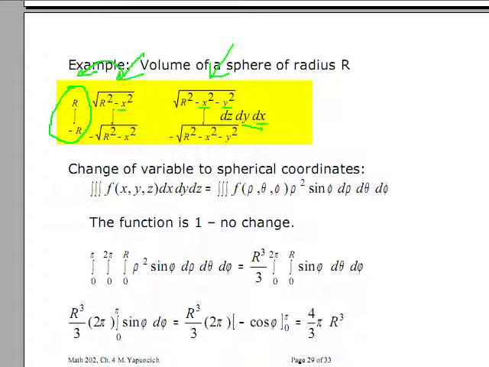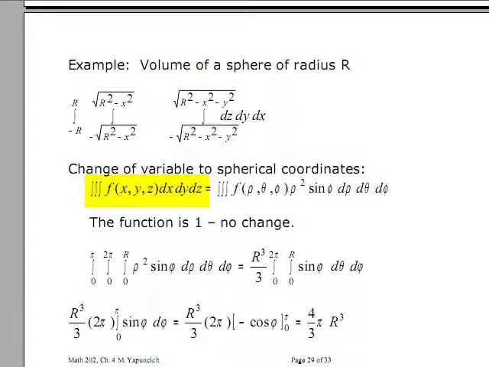So instead of integrating in Cartesian coordinates, we'll change to spherical coordinates. And here, let me erase that. Here's the transformation. We've taken the xyz Cartesian coordinate formulation and we move to spherical. To move to spherical, you take the function and rewrite it in terms of rho, theta, and phi.